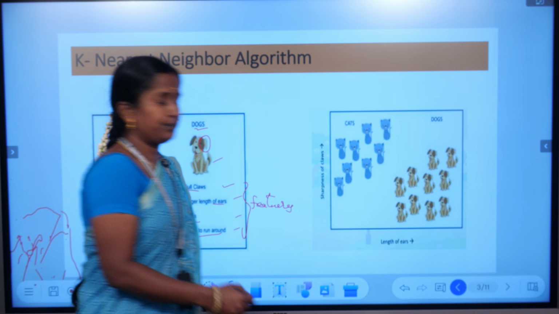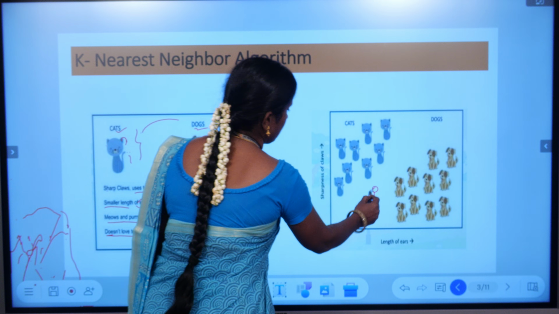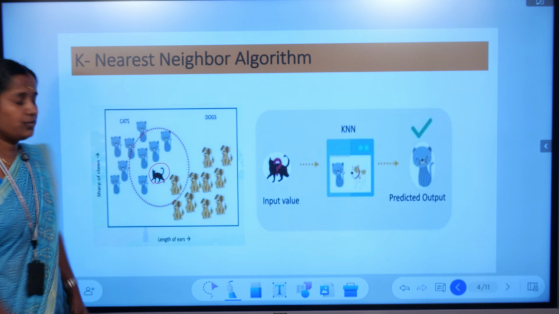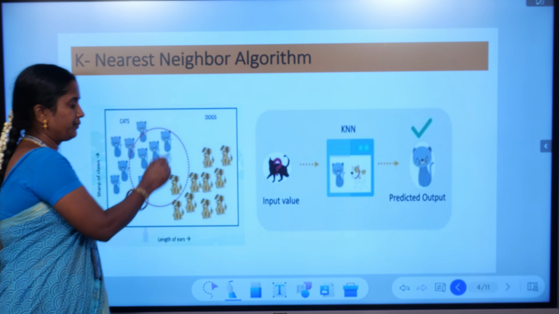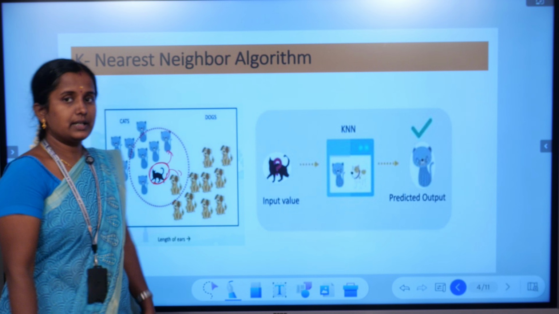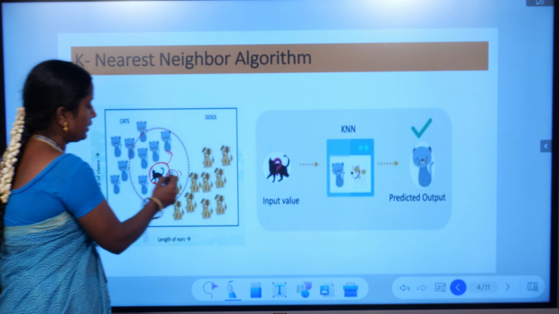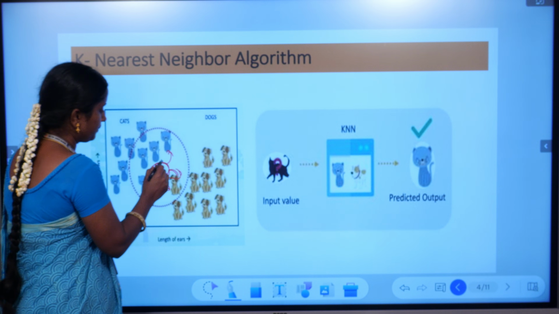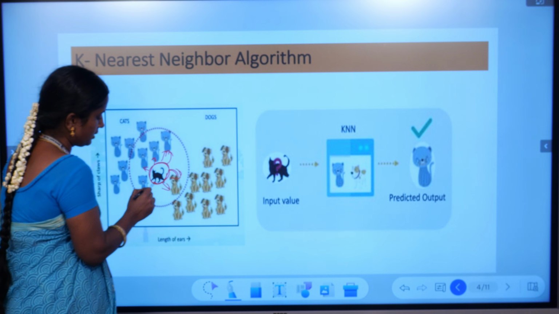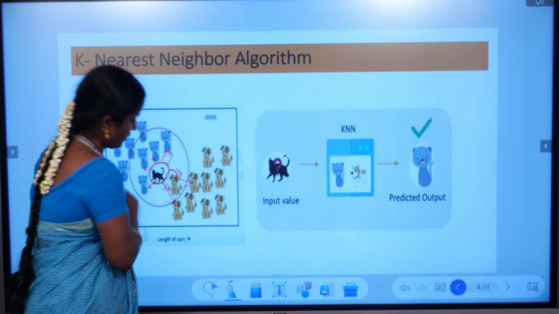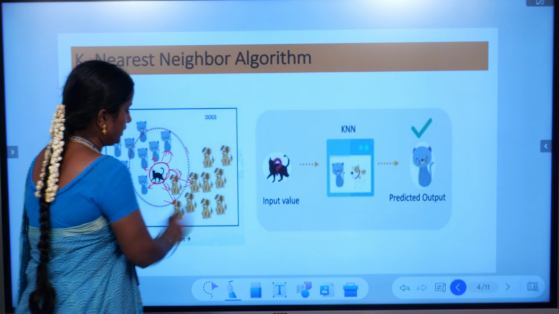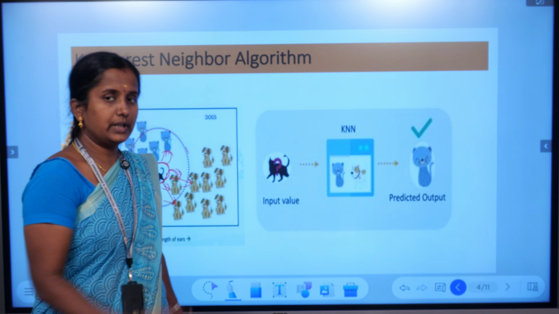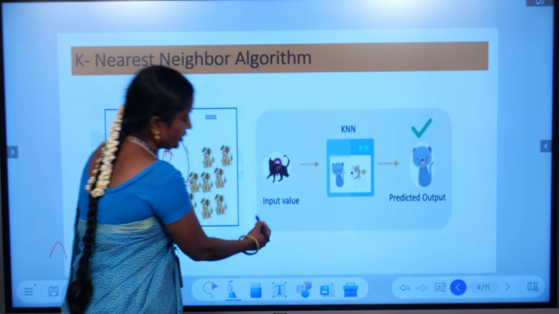Now suppose we have one new test data. We have to find out whether this animal belongs to the cat category or the dog category. That is the task we have to predict. How can we find it? We have to calculate the distances between all the nearest animals. Based on the distances, we go for majority voting.